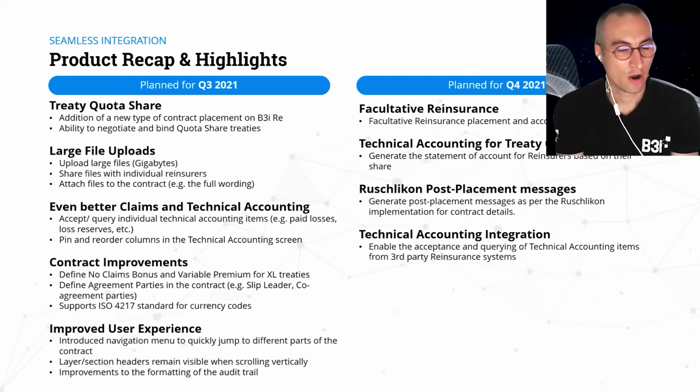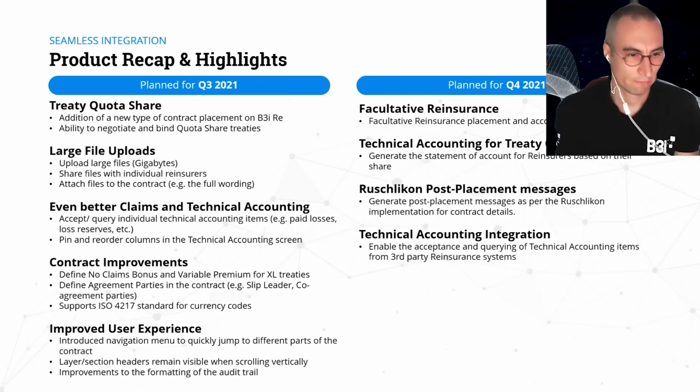Because again, we want to deliver you a single version of the truth, but we want to ensure that you can foster that truth with whatever technology you prefer to use in order to export this information. And Ruschlikon, together with ACORD, have been doing a great job in qualifying a new message standard, which is the post-placement standard, that we expect will really create a huge benefit and generate literally seamless exchange over a distributed shared version of the truth.